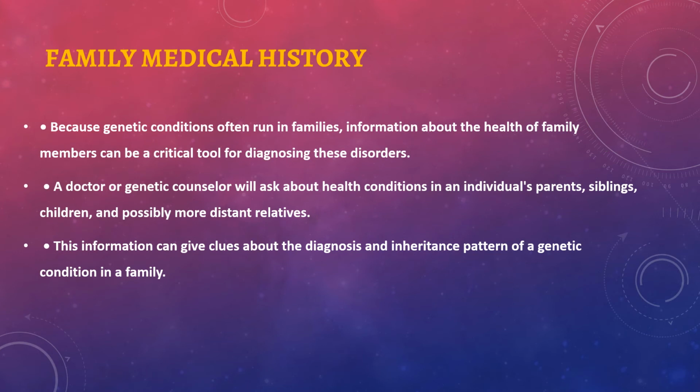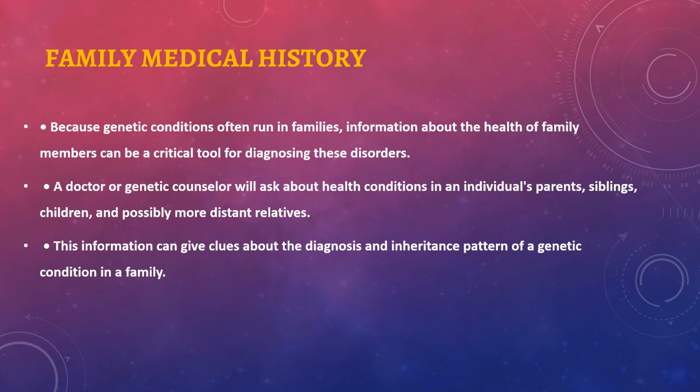Next, family medical history. We all know that genetic disease is a hereditary disease also, so that's why the family history is very important. Because genetic conditions often run in families, information about the health of family members can be a critical tool for diagnosing these disorders.